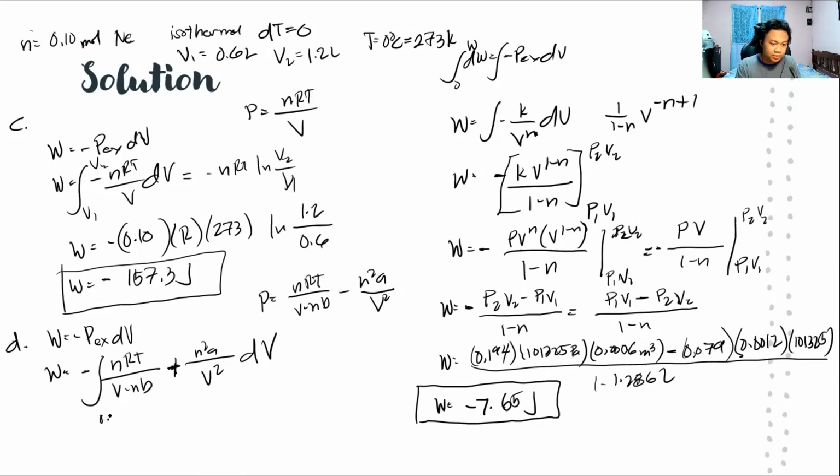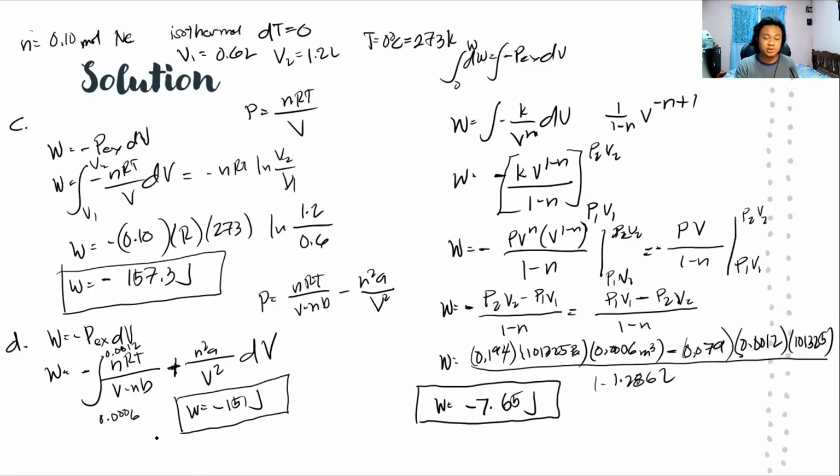It's 0.0006 and then 0.0012. So you can get W is equal to negative 151 joules. Okay, that's actually easy.